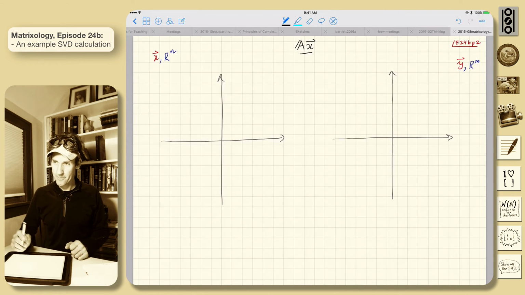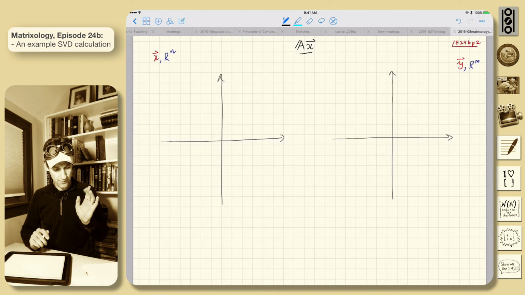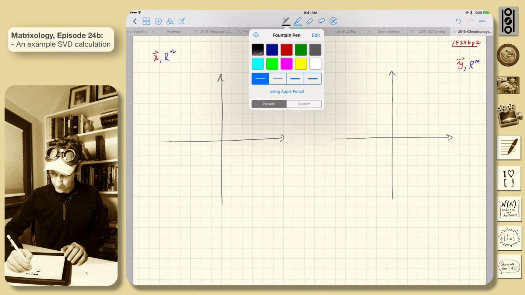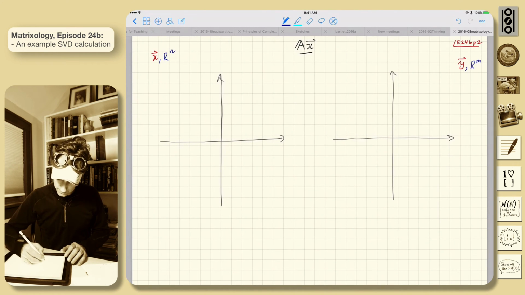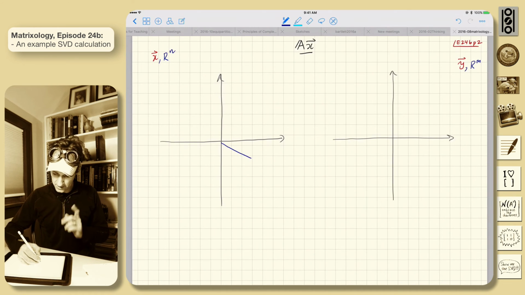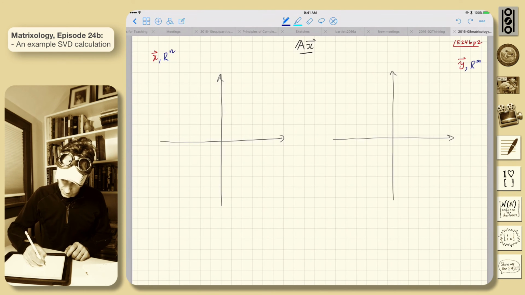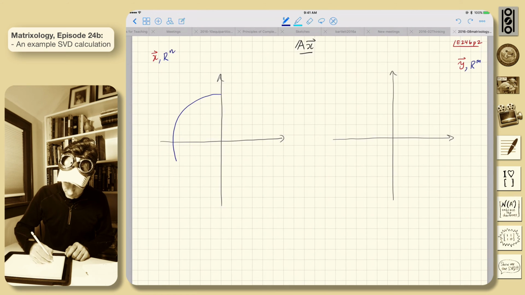So we have these V's. Where are our V's? There was this one, which is 3 minus 1. What I'm going to do is put them on a unit circle, if I can draw a unit circle.